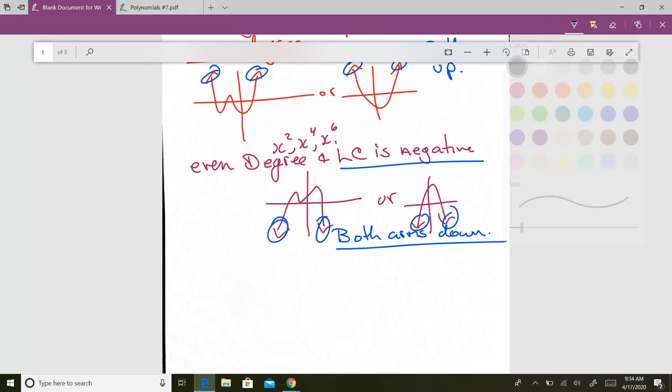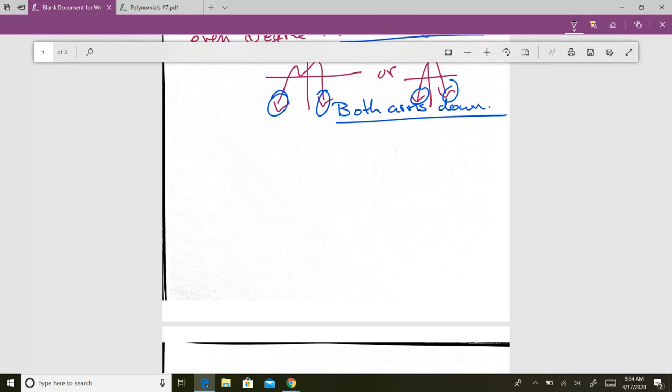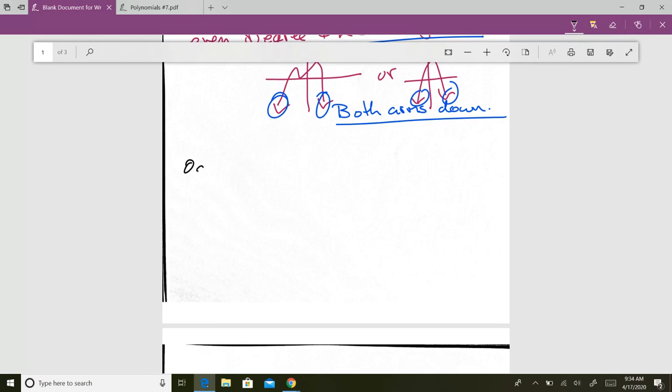All right, if we have an odd degree function, so it's x cubed, x to the 5, x to the 7, etc., the arms go in different directions.